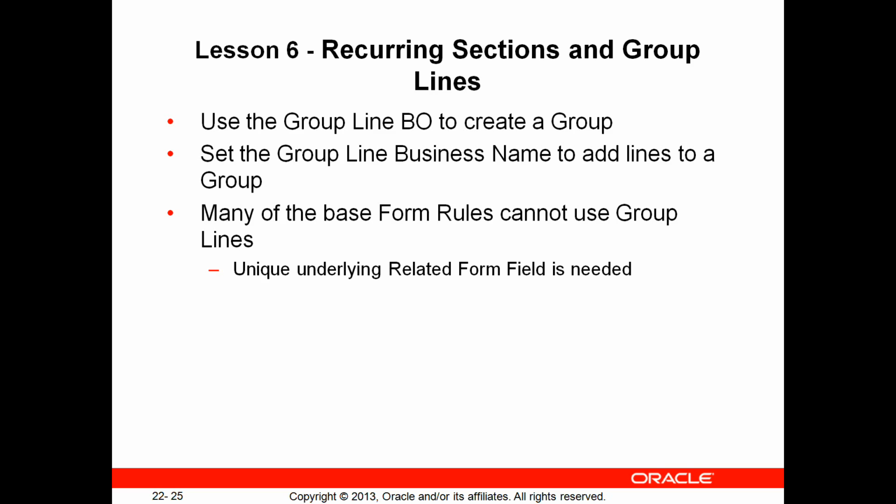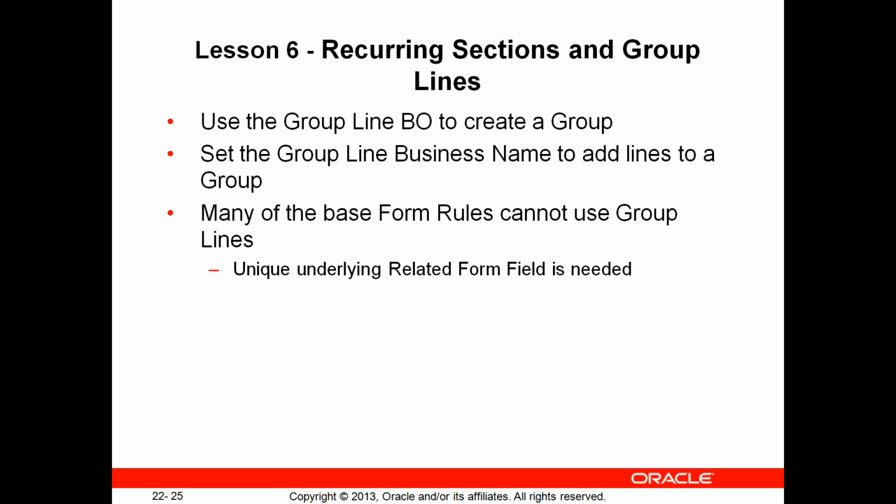Many base form rules do not use group lines, and you'll see that if you start using group lines, then certain functionality will become unavailable for you. For example, you cannot set an underlying related form field if you're going to be using group lines, because you won't have a unique line to associate with that related form field, so that will not be allowed.